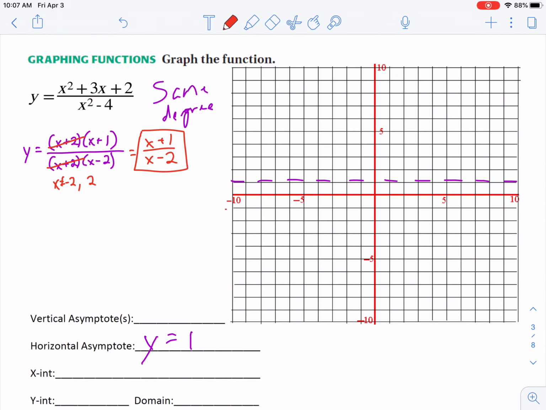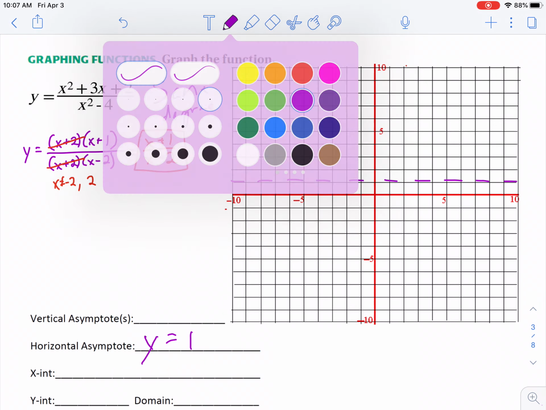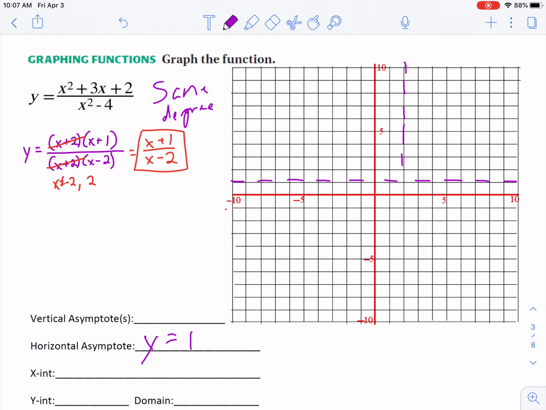Positive 2 is my vertical asymptote. But because the x plus 2's cancel, that doesn't make an asymptote at x equals negative 2. What that actually does is that makes what we call a hole in the graph at x equals negative 2. Okay, so our vertical asymptote is going to be x equals 2. Let's go ahead and write that in.